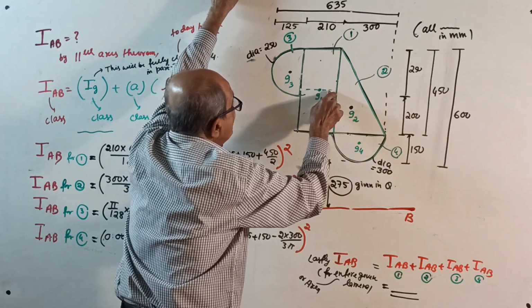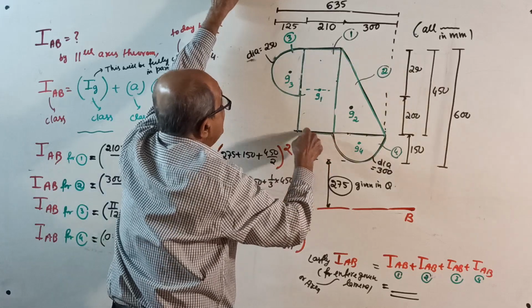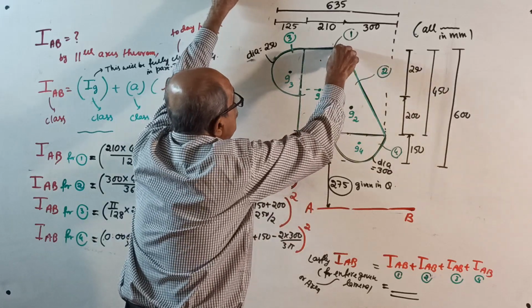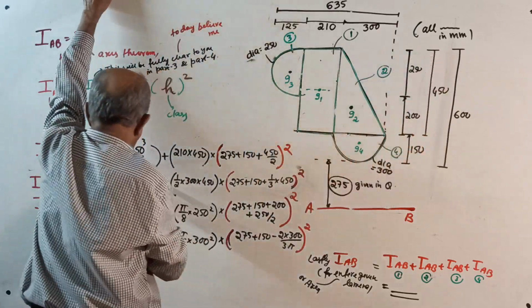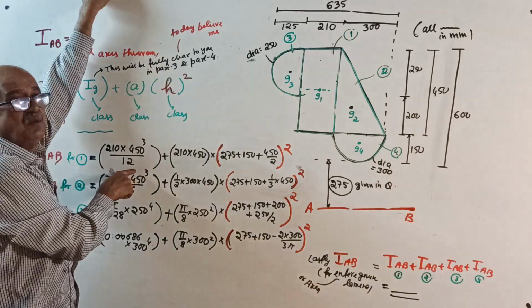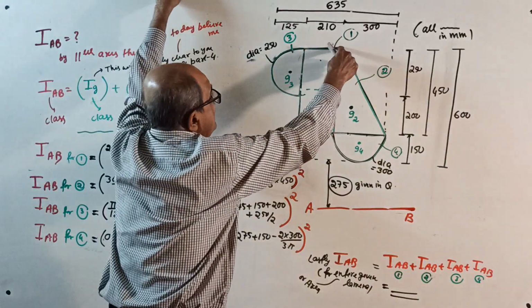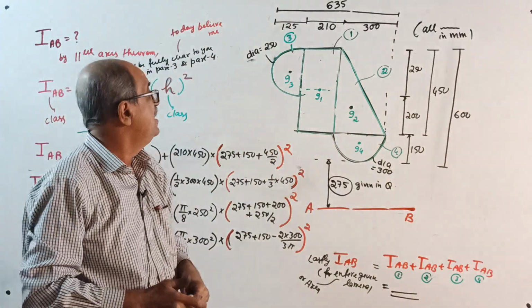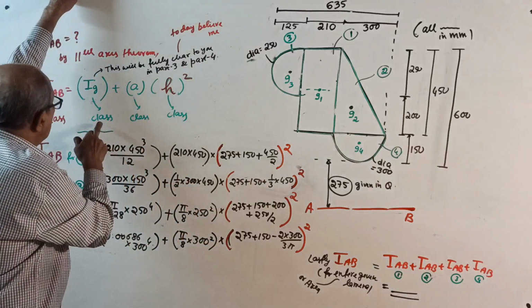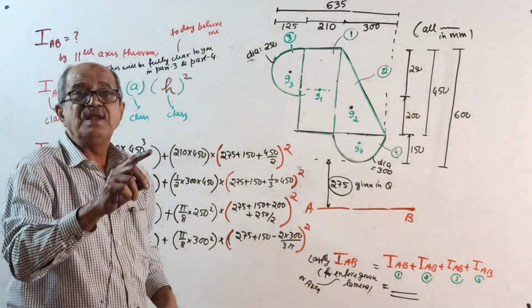I about this axis for this rectangle is 210 into 450 cube divided by 12, that is BD cube by 12: parallel side into perpendicular side cube by 12. I should not waste time now because today's class is not for IG. IG comes in part 3 and part 4.